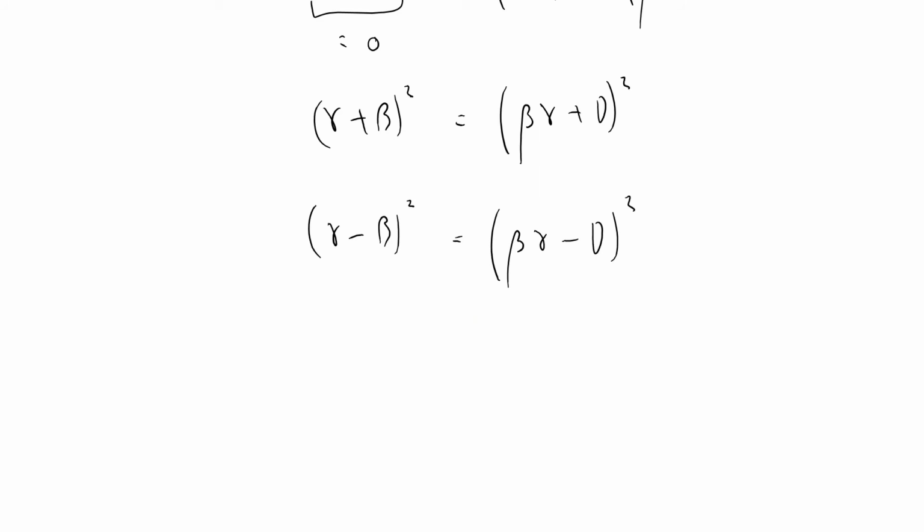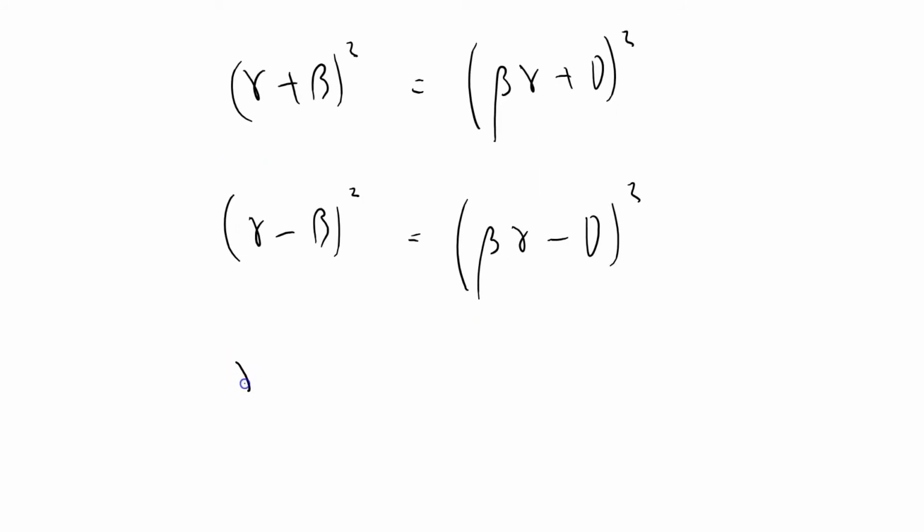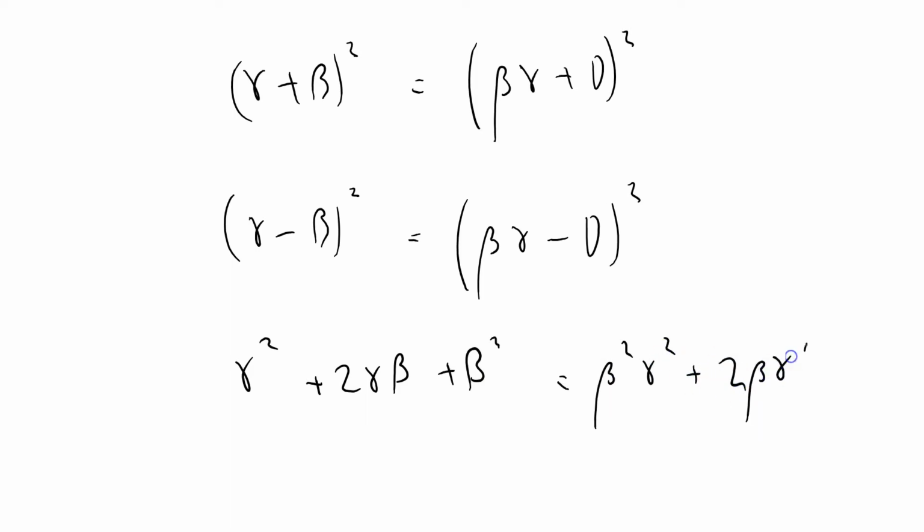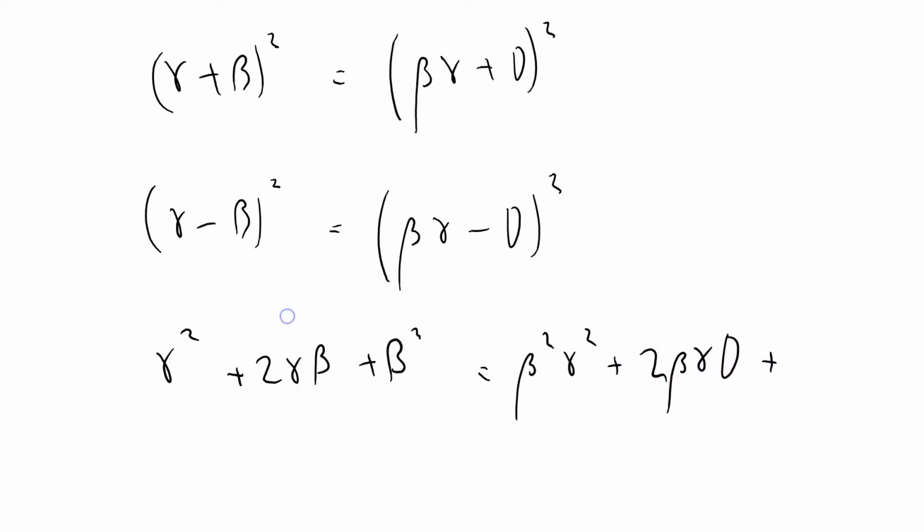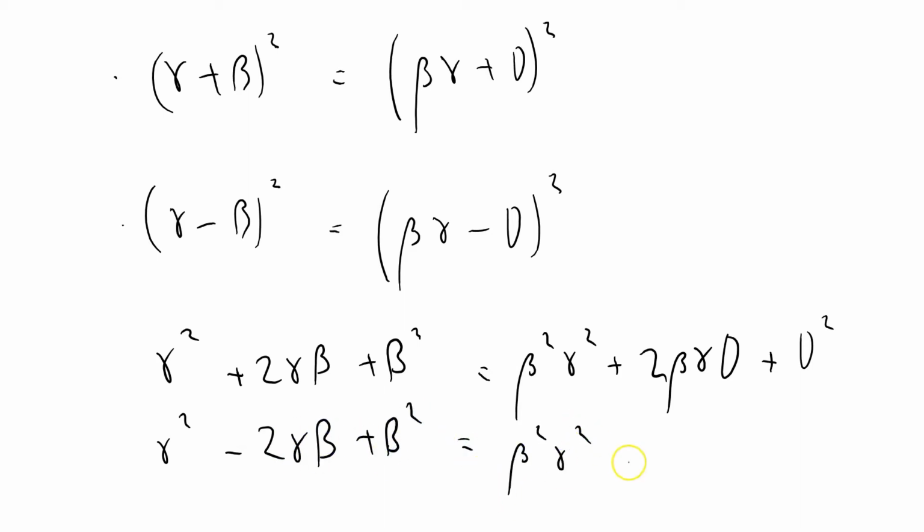Right. So what I'm going to do is multiply these things out. We've got gamma squared plus 2 gamma b plus b squared equals beta squared gamma squared plus 2 beta gamma d plus d squared. That's this equation here. This equation goes to gamma squared minus 2 gamma b plus b squared equals beta squared gamma squared, the sign's changed, plus d squared.